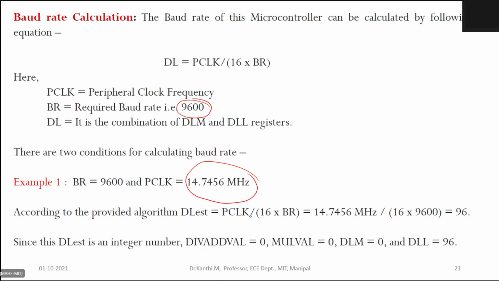So you get PC clock divided by 16 into baud rate. You will get 96. So this indicates the higher value is 0 and the lower value is just 96. So you load this value. This is the calculated value.